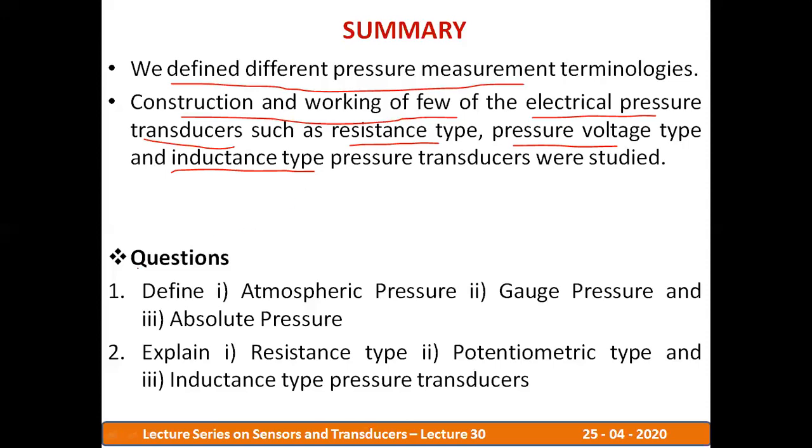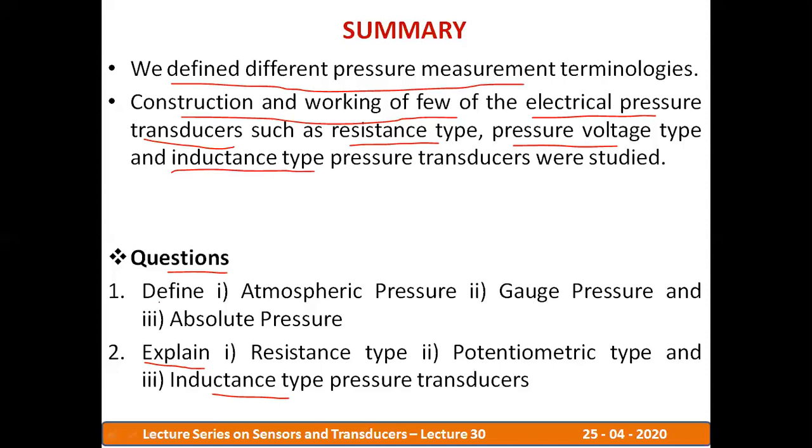The possible questions which can be asked based on this discussion: a question can be asked to define any of the three types of pressure transducers, like explain resistance type, potentiometric type, inductance type pressure transducers.